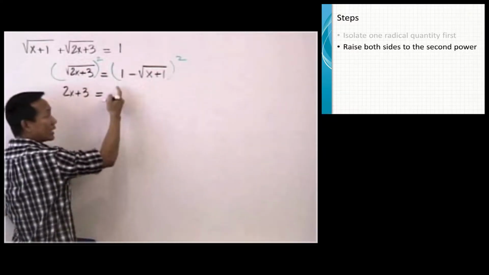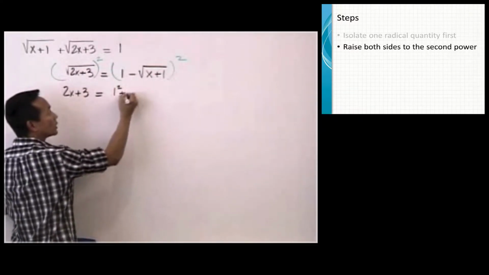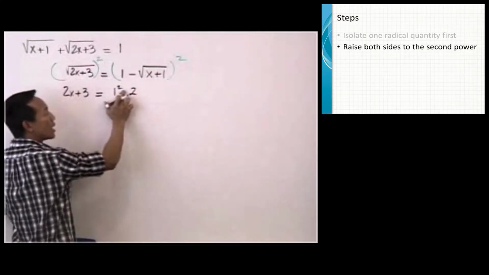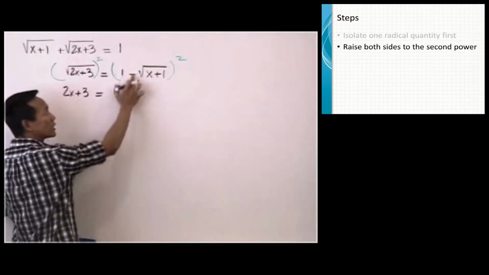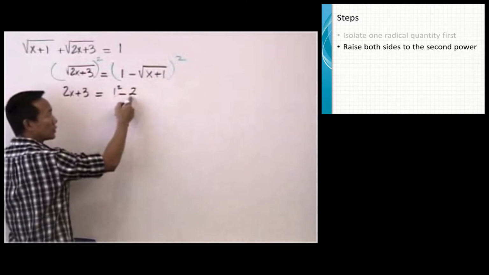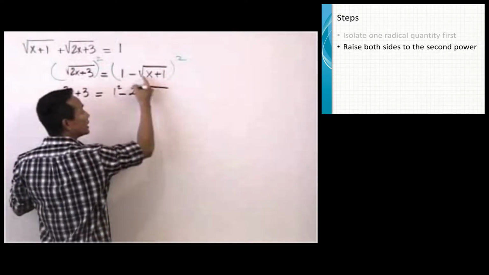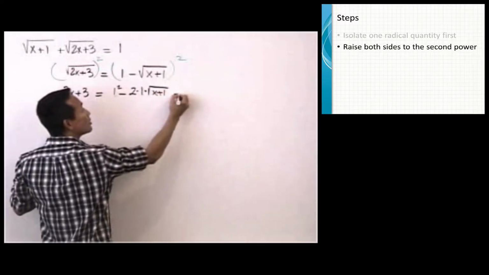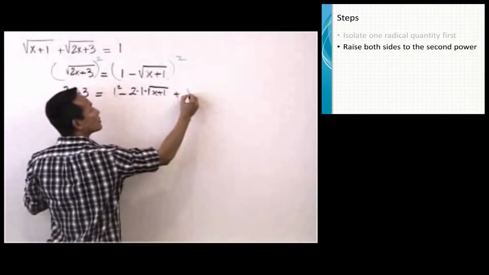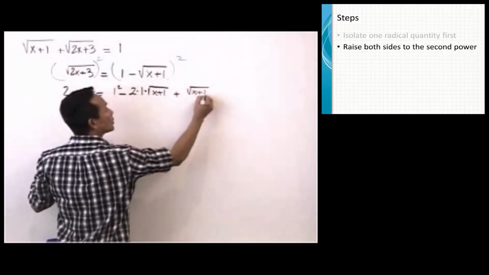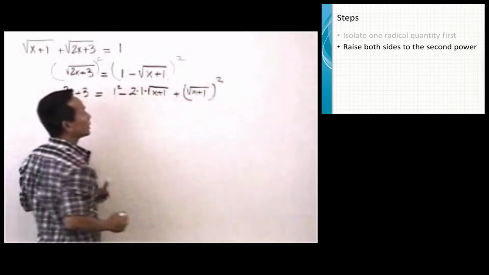So I have a squared, 1 squared, plus, I am sorry, due to the negative here, minus 2 times a times b, which is 1 times the square root of x plus 1, plus b squared, the square root of x plus 1 to the second power.